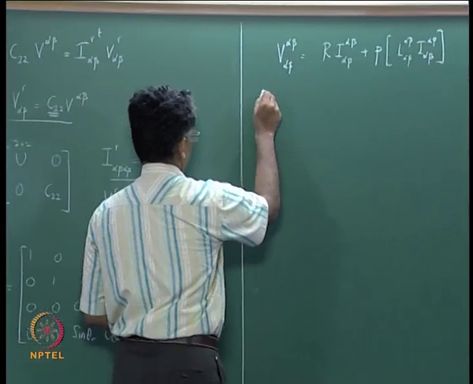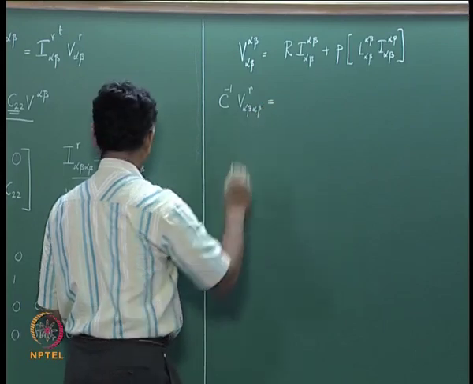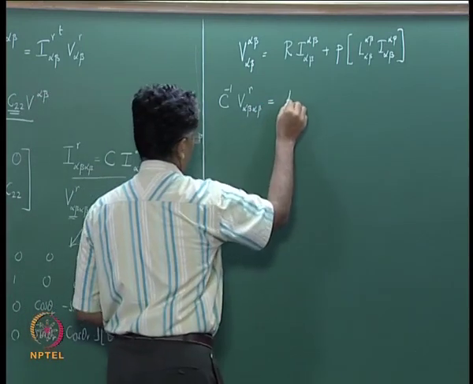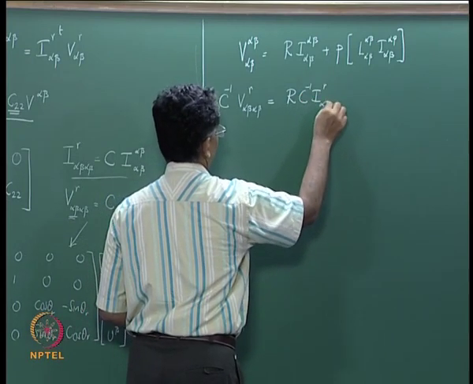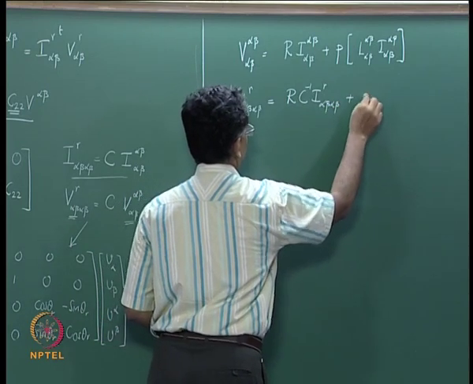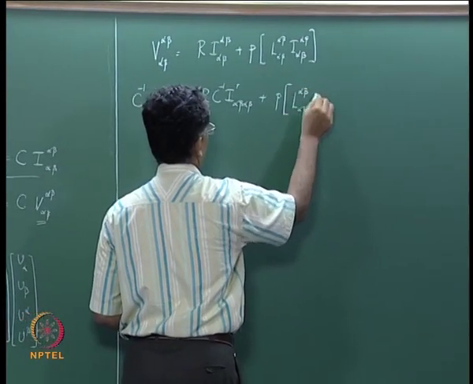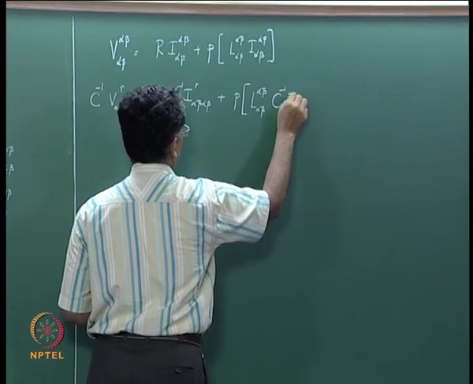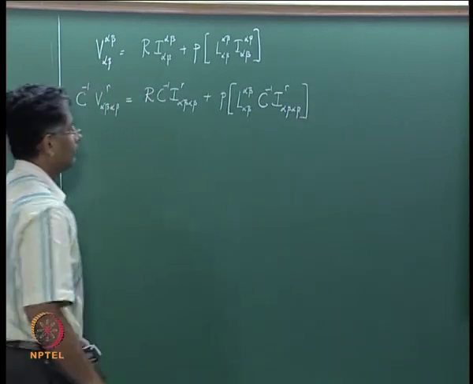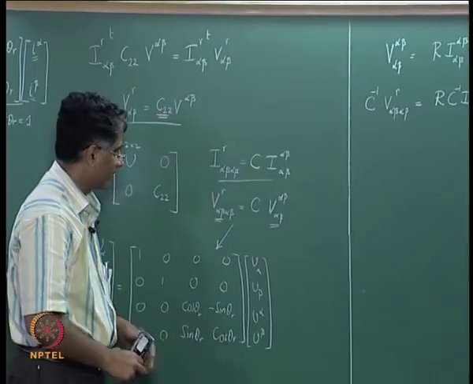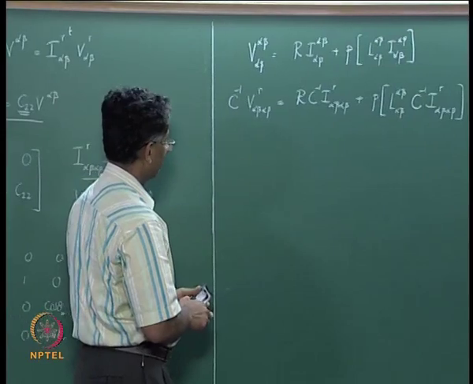So, we have C inverse V R alpha beta equals R into C inverse I R alpha beta plus derivative of L alpha beta multiplied by C inverse I R alpha beta. So, having substituted these expressions in the original machine voltage equations, this is what you get.